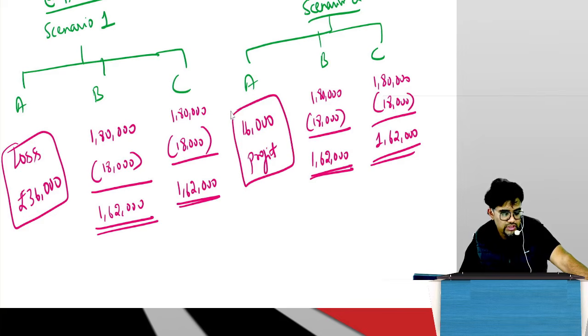So I have 3 buildings. As of today, year 2, I have building B and building C. Building A gone. In scenario 1, building A gone for a loss of 36,000. In the second scenario, there is a profit of 16,000.